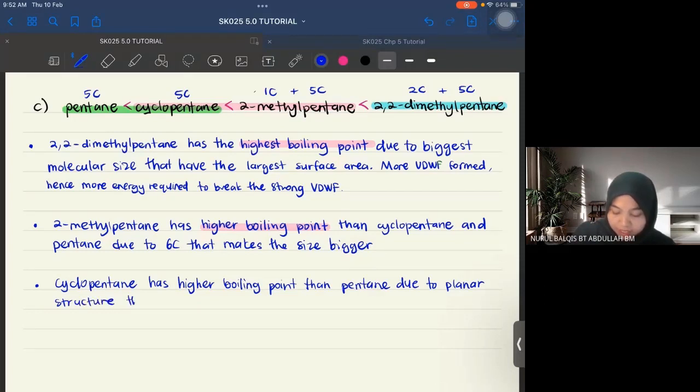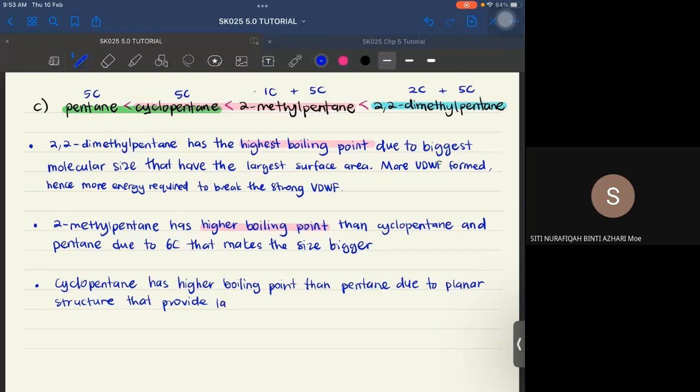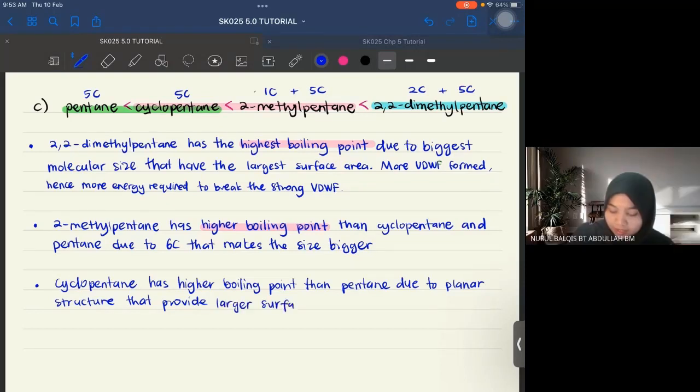Planar structure that provide apa? Size ke surface area? Larger surface area, then straight chain. Okay, habislah itu explanations dia.